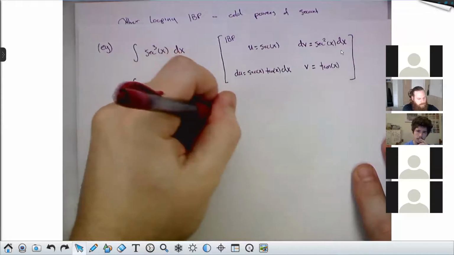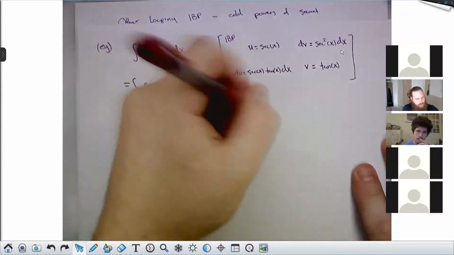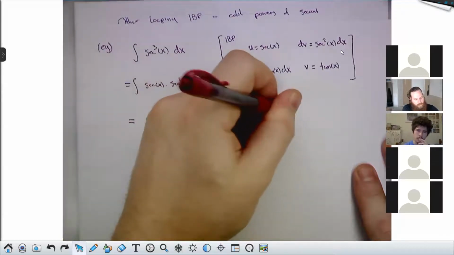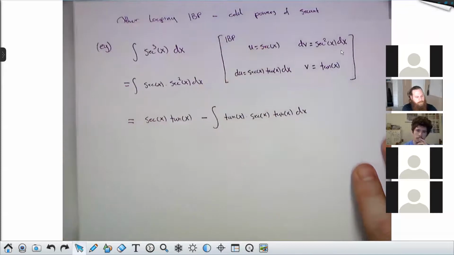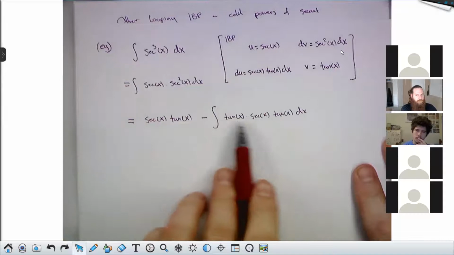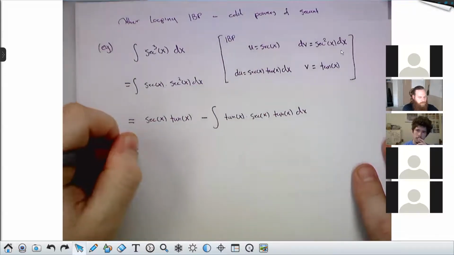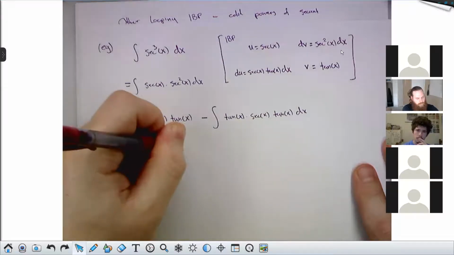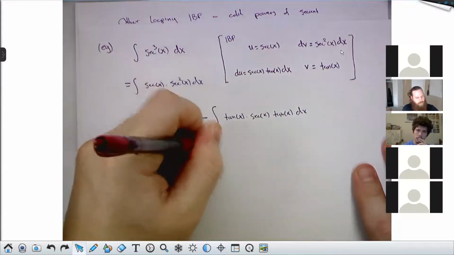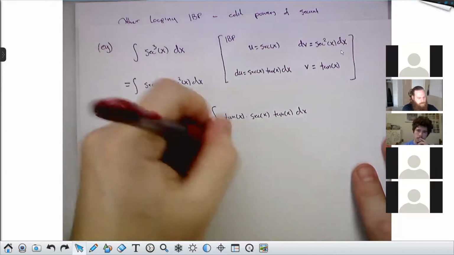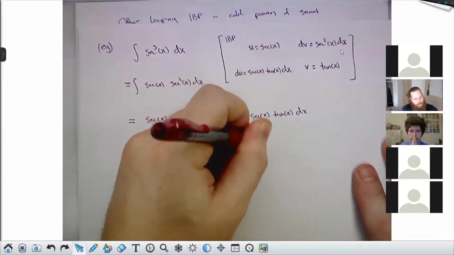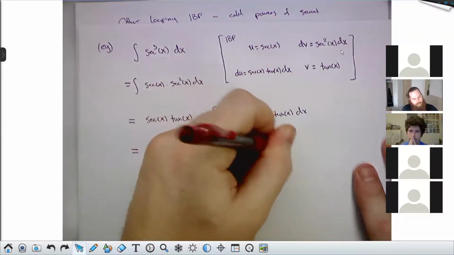So tangent x times secant x tangent x dx. I can combine the two tangents here. Everything is being multiplied. And I get secant x tangent x minus the integral of secant x times tan squared of x dx.